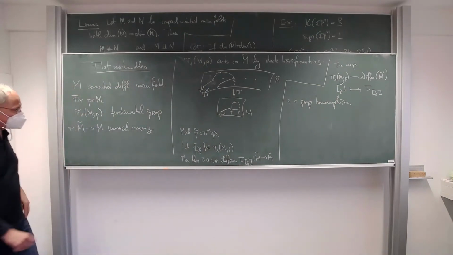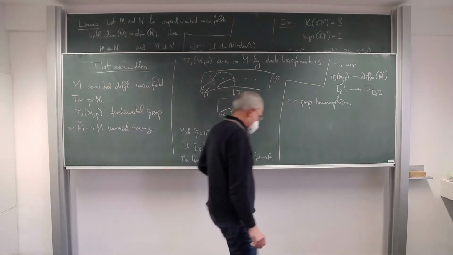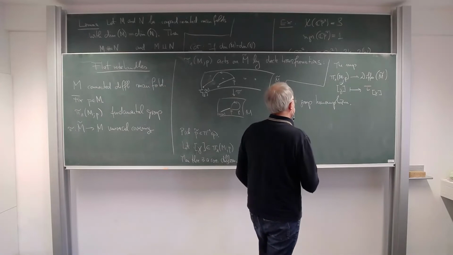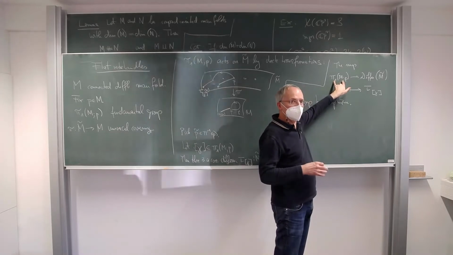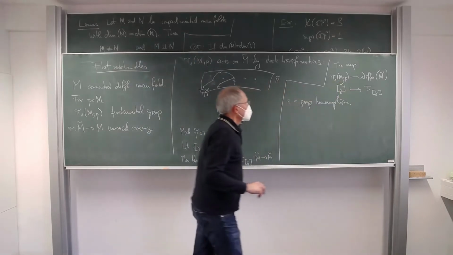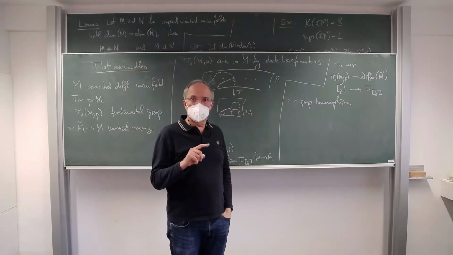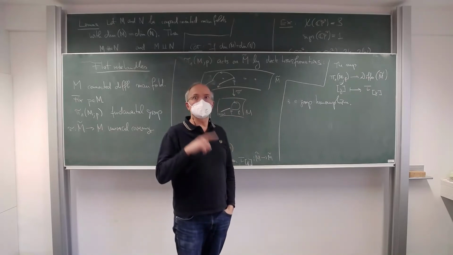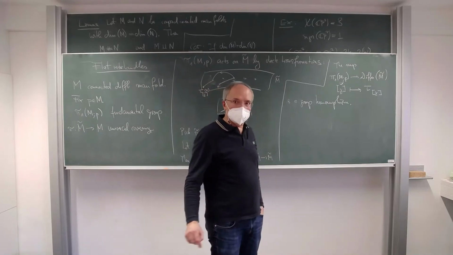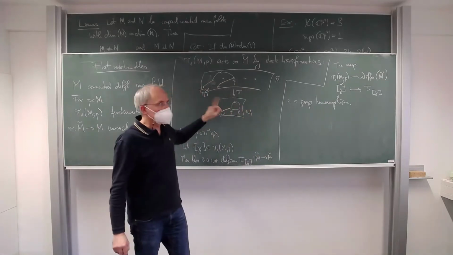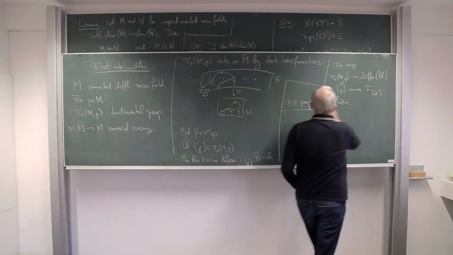Good. And now we have these deck transformations. And now if we have a representation of the fundamental group on a vector space, in other words, a group homomorphism from the fundamental group to the automorphisms of that vector space, then we get an associated vector bundle on M. So how does that work?